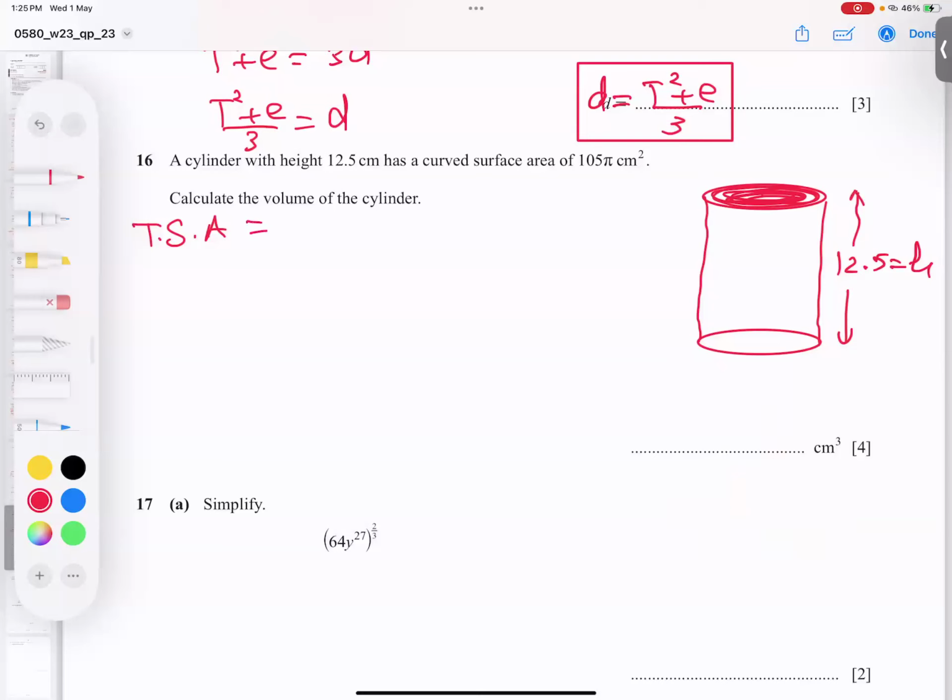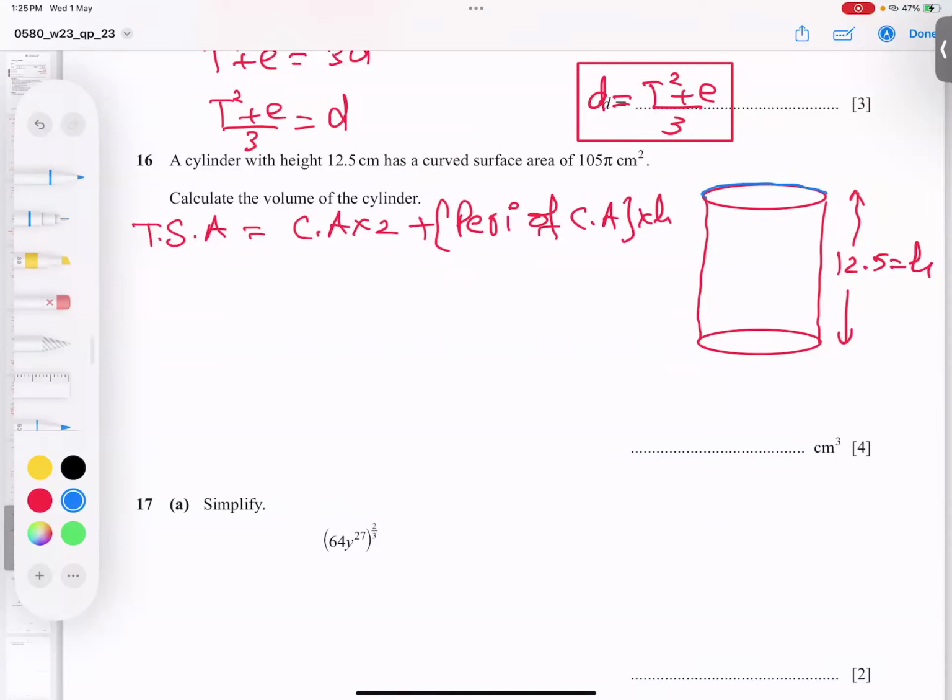A cylinder is a prism, and the TSA, total surface area, is what? Cross area, we have the cross area. So cross area multiplied by 2. Logic: the top area and the bottom area. That is why times 2, done. Plus perimeter of cross area (CA stands for cross area) times height. What is the perimeter of the cross area, students?